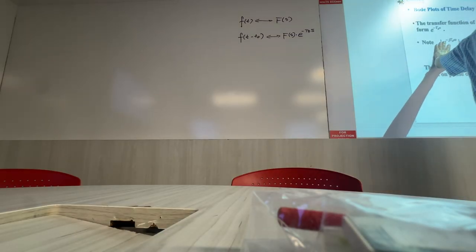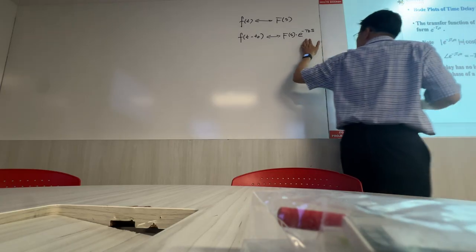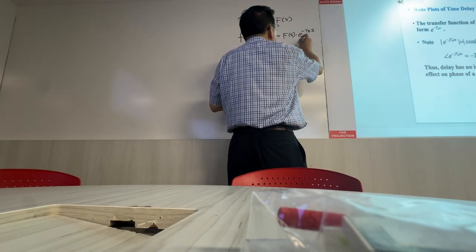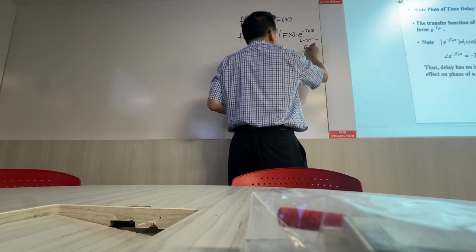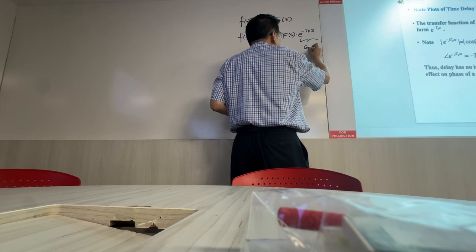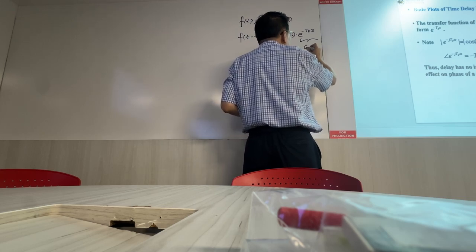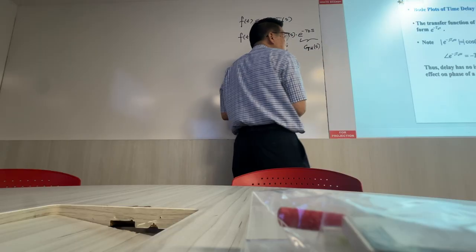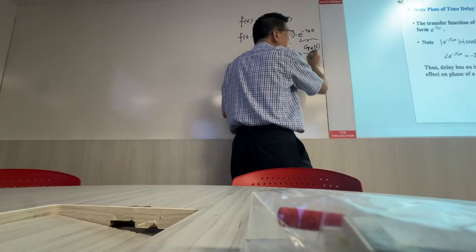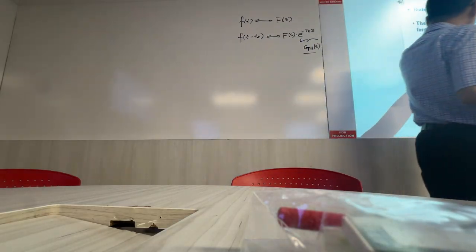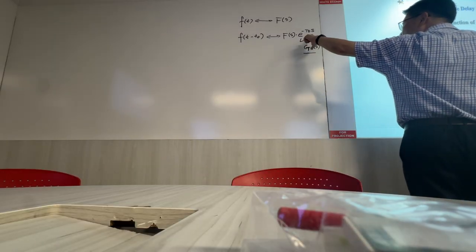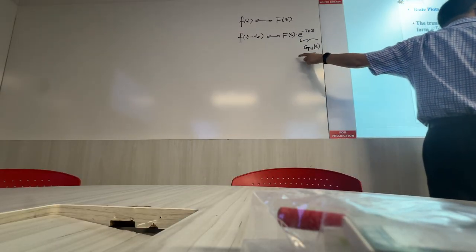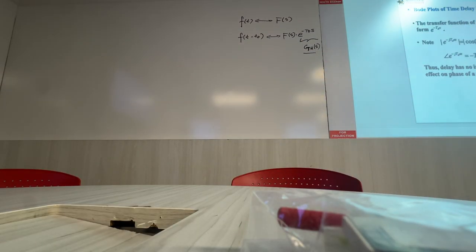So we look at the contribution. You treat this as, say, the last one, due to time delay. When we draw both plots, it has a magnitude contribution and a phase contribution.